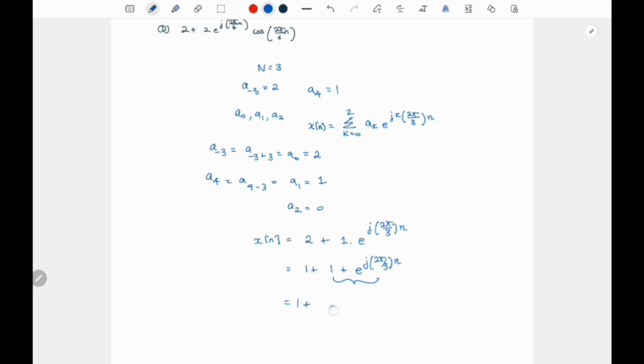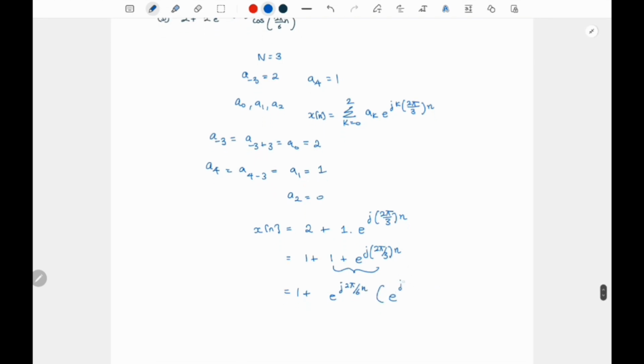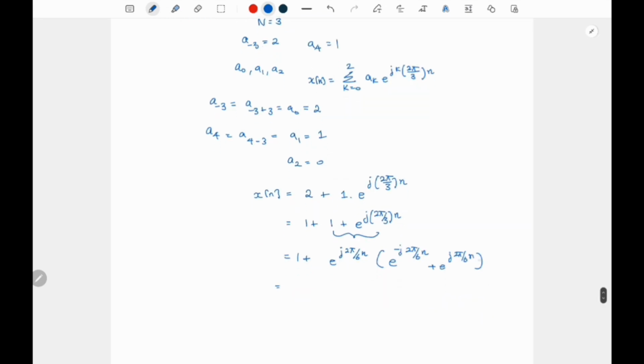So 1 plus, I'll take e power j 2 pi by 6n outside. What I'll be left with is e power minus j 2 pi by 6n plus e power j 2 pi by 6n. Now this is of the cosine form, right? So I can write 2 e power j 2 pi by 6n into cos 2 pi by 6n. So this is my answer.